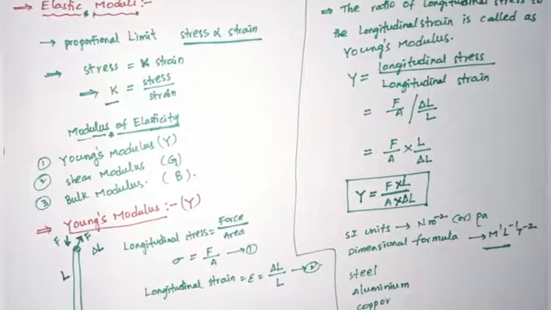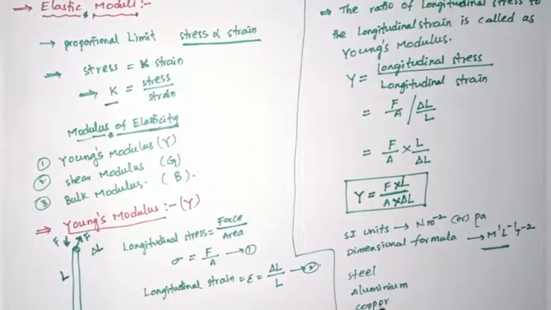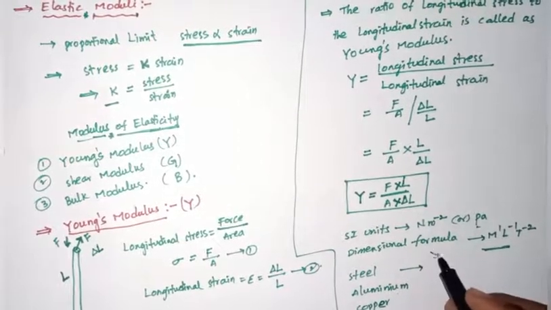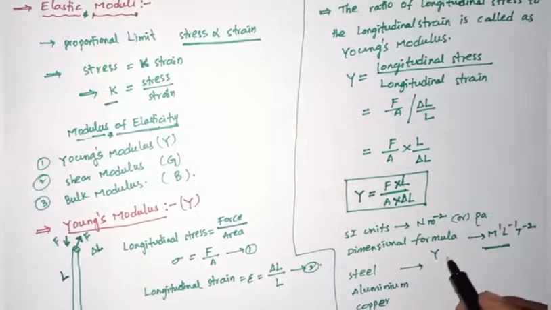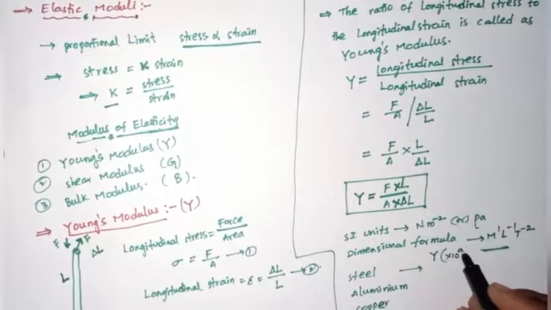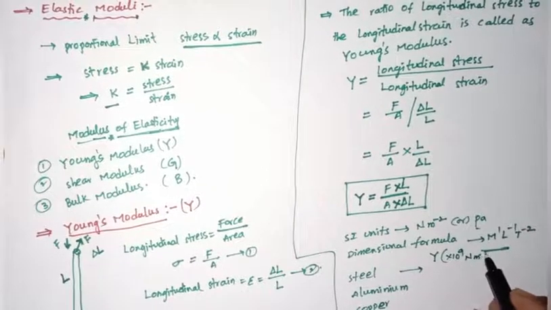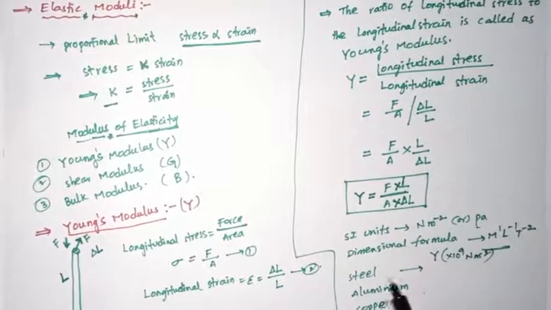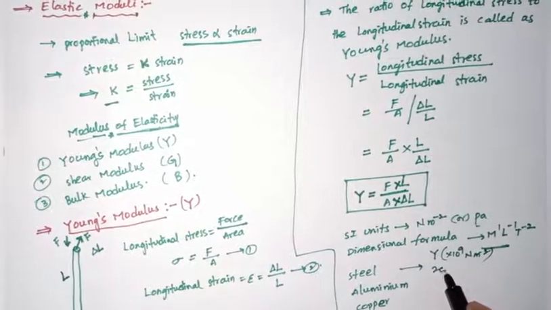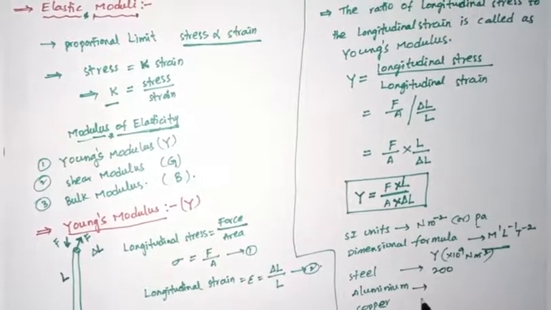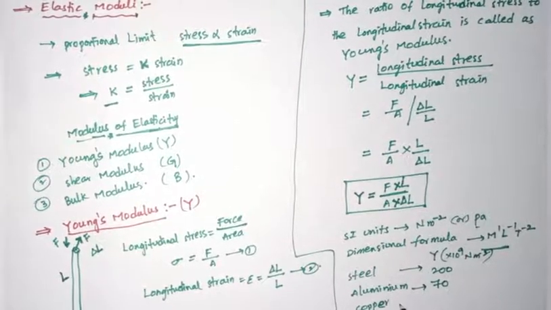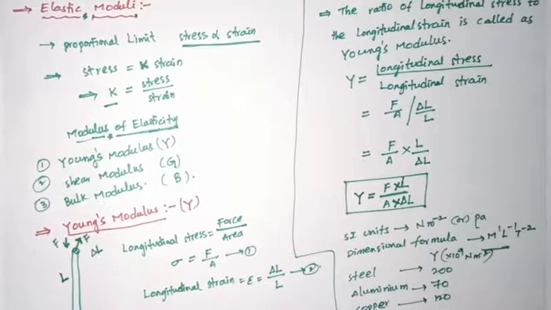Young's modulus in units of 10 to the power 9 Newton per meter square: steel is 200, aluminium is 70, and copper is 120.